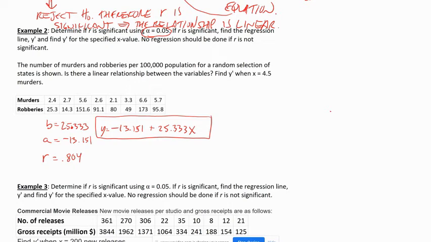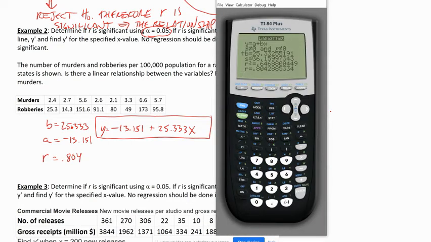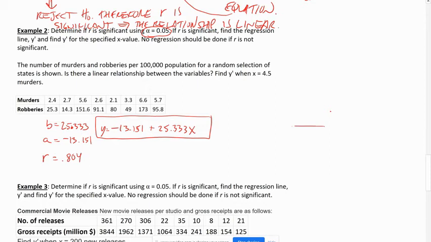Okay, now the rho value, we can compare that directly to alpha. In this case, remember each end of each tail is 0.025, because we're using a threshold of alpha equals 0.05, so each one gets half of those.